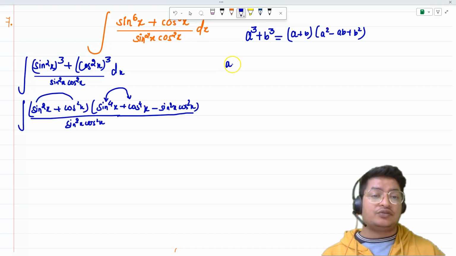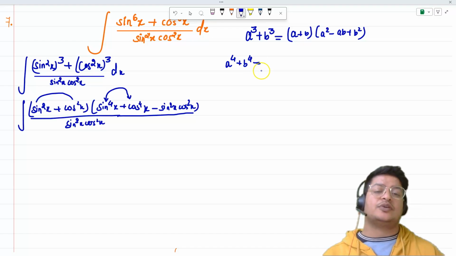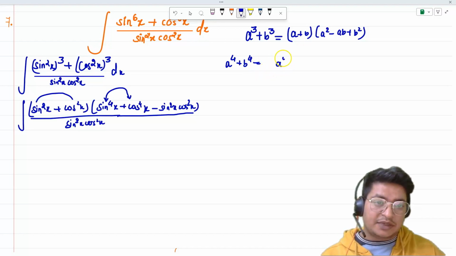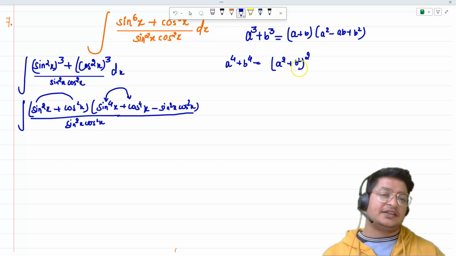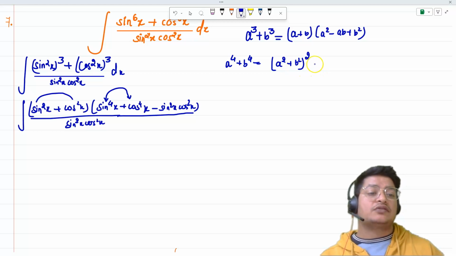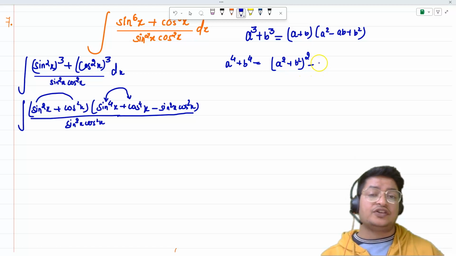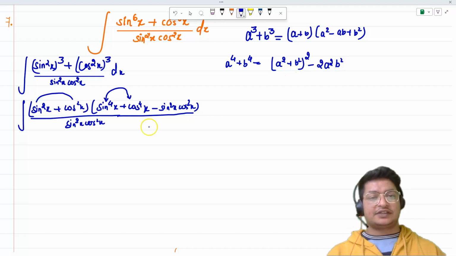For that we need to know the identity, which is a^4 + b^4 can be written as (a^2 + b^2)^2. But there we have a term 2a^2 b^2, so you need to subtract 2a^2 b^2 with that.